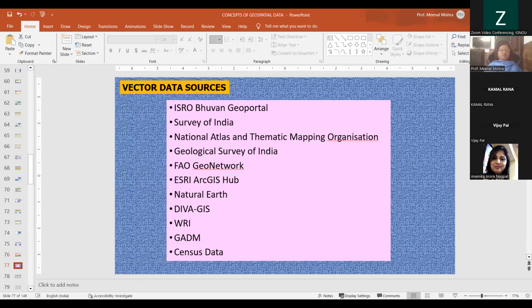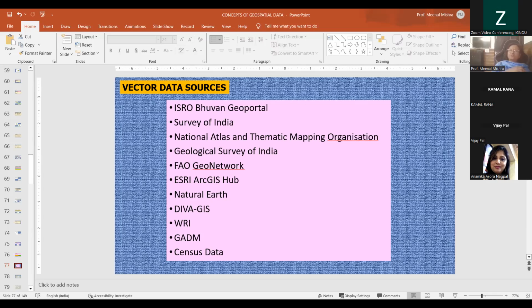Clear? Now, we will discuss these vector data sources one by one. The first one is ISRO's Bhuvan portal. There are many sources of vector data which are freely available, and some are available at some cost; not all of them are freely available.